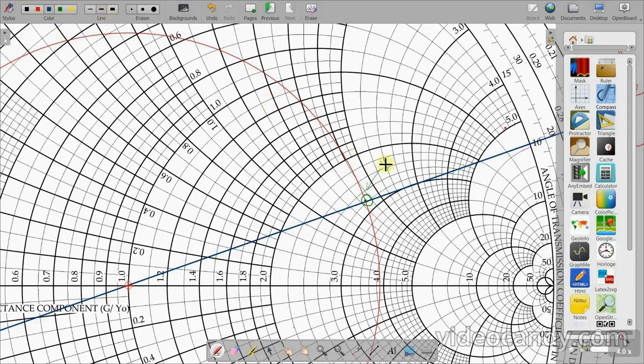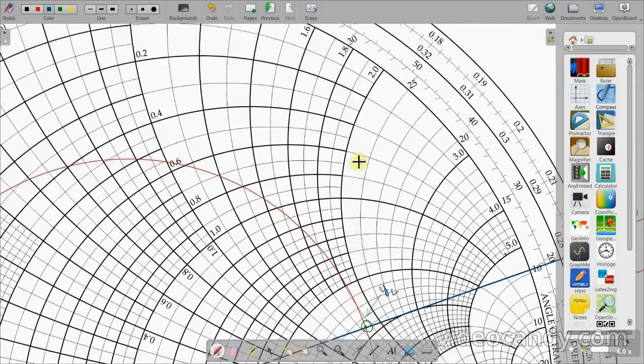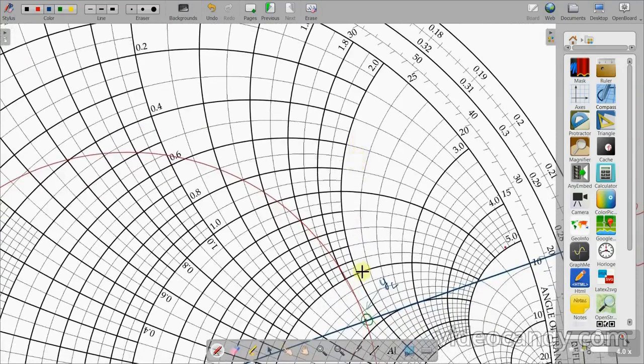And you can see that the real part, the conductance, is 2.8 and the susceptance part is 1.7.